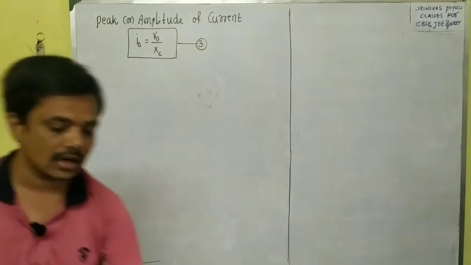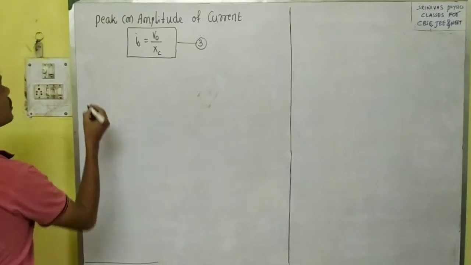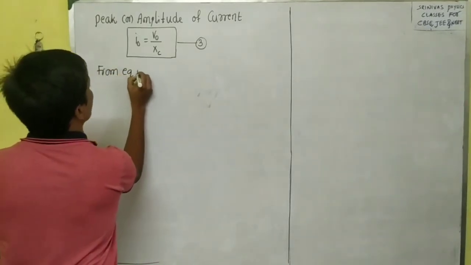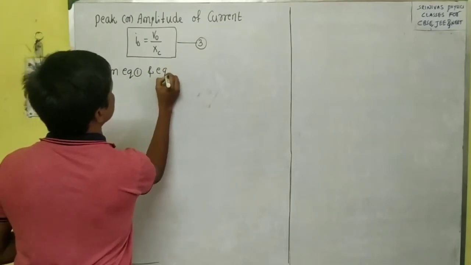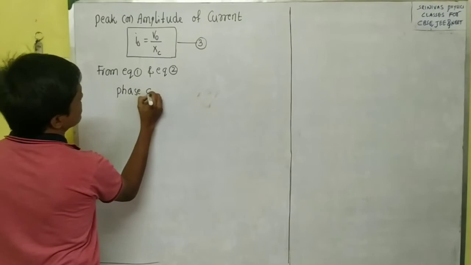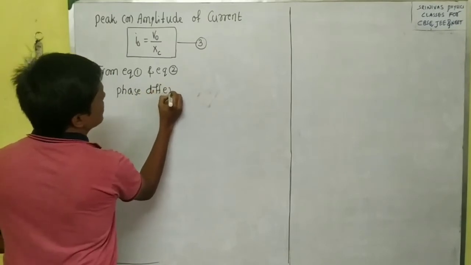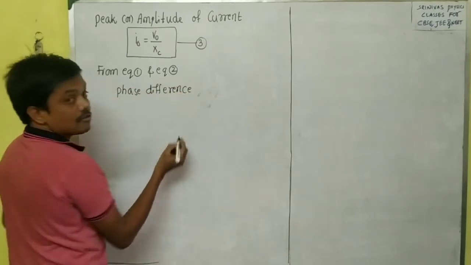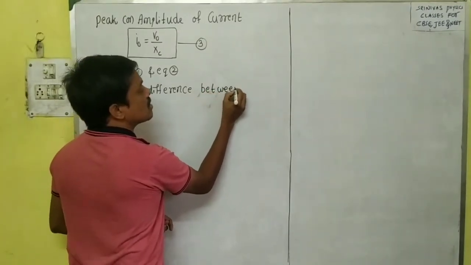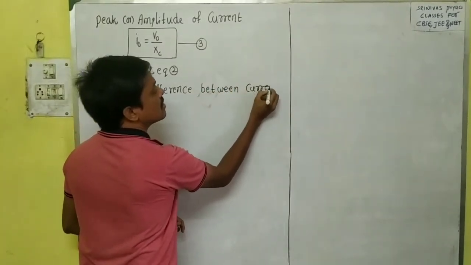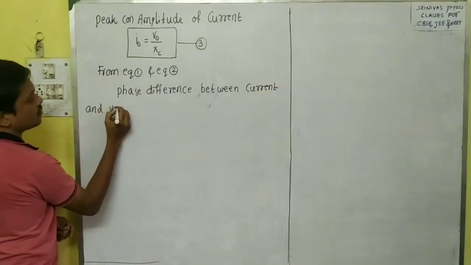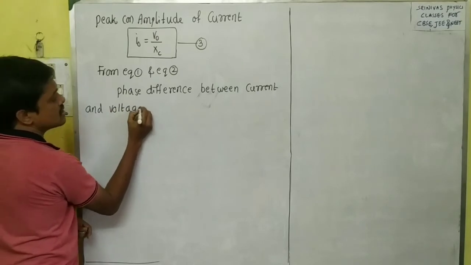And the next, from equation 1 and 2 we write one thing. From equation 1 and equation 2, the phase difference between the current and voltage, which is nothing but the angle between the current and voltage, what will you get?